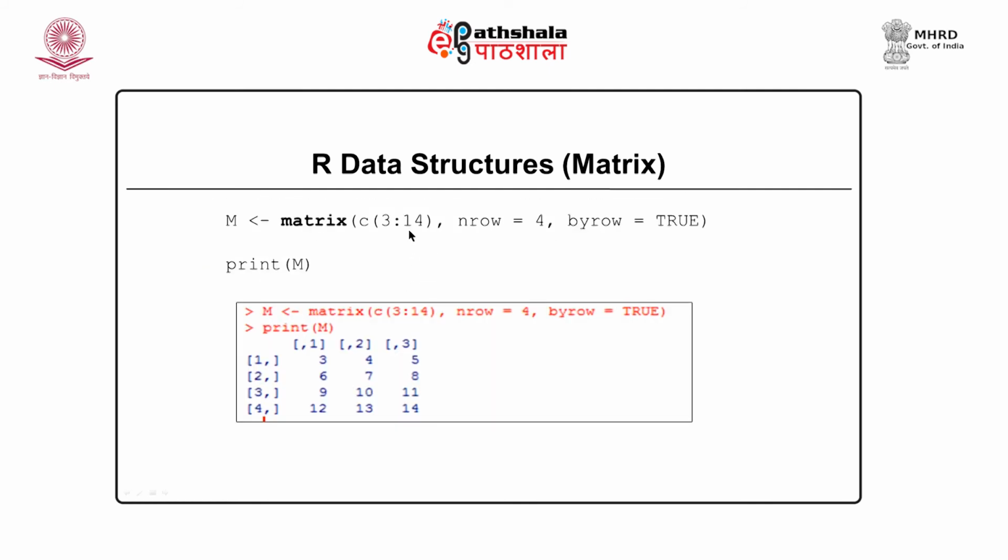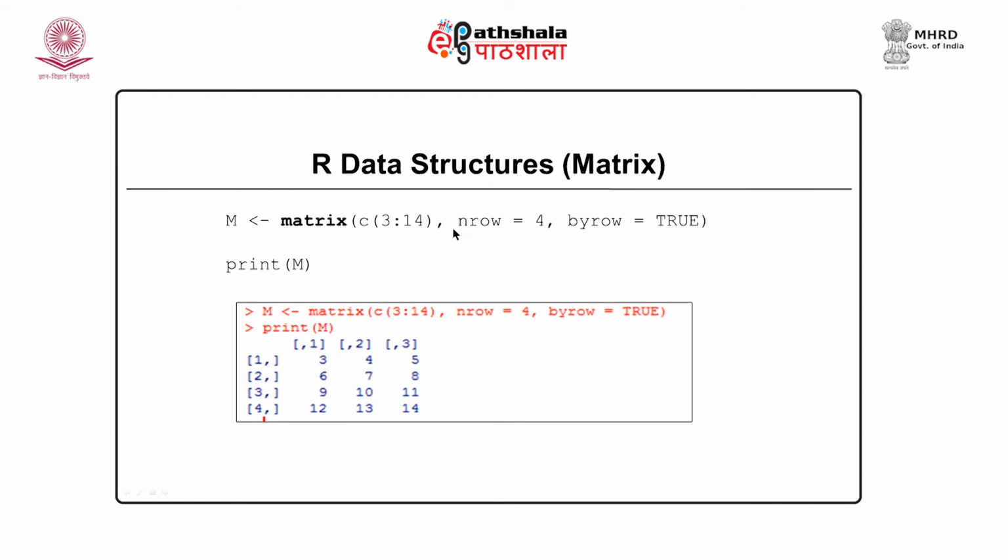Let us see another data type. There is a matrix function through which we can create matrices. As you can see in the bottom part, there is a matrix. It is a 3 column and 4 row matrix. The function to create a matrix is matrix, in which we enter certain arguments. We are creating a matrix which contains values from 3 to 14. This is the range from 3 to 14.